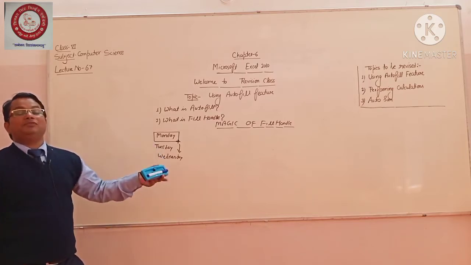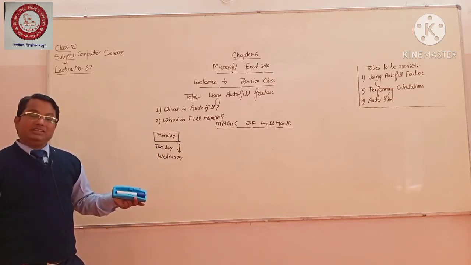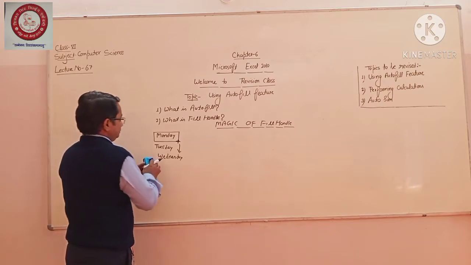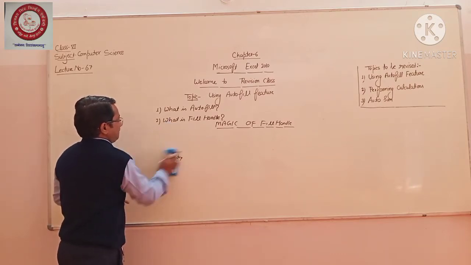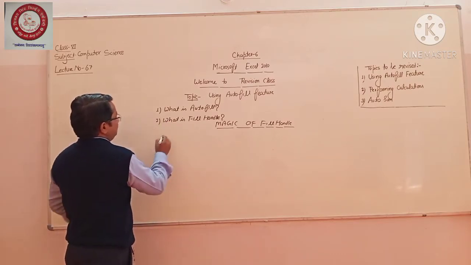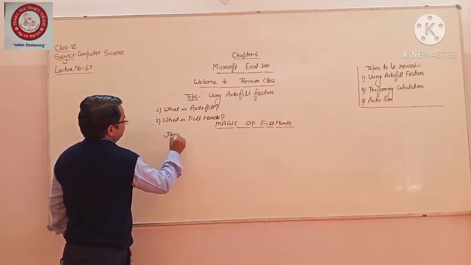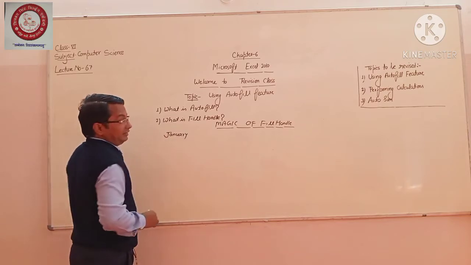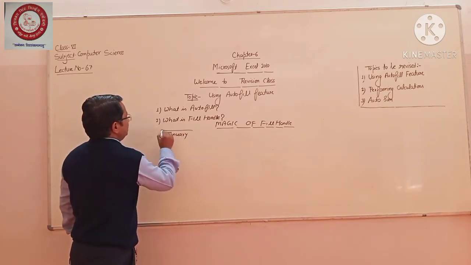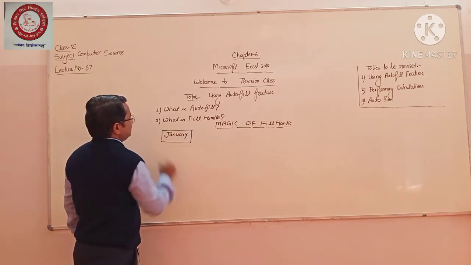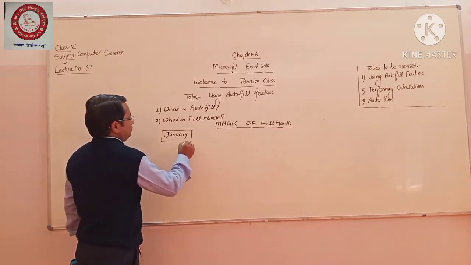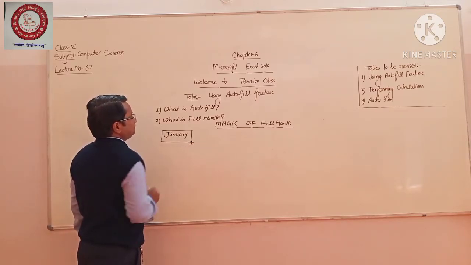The same thing happens for months also. Suppose you have written January in a cell. This is your fill handle.